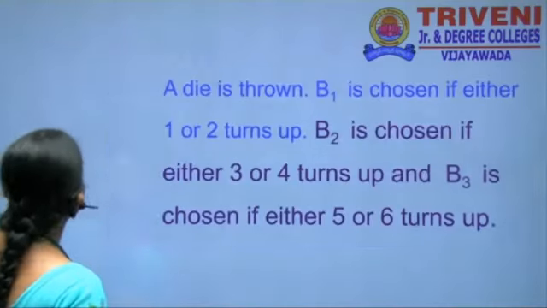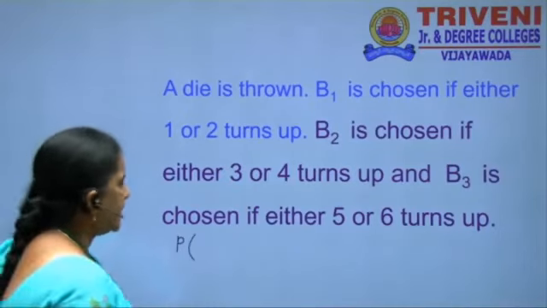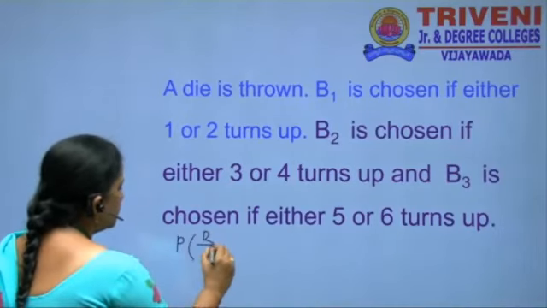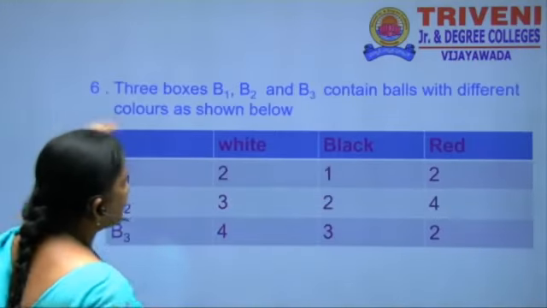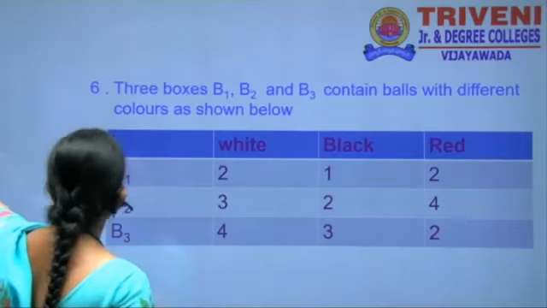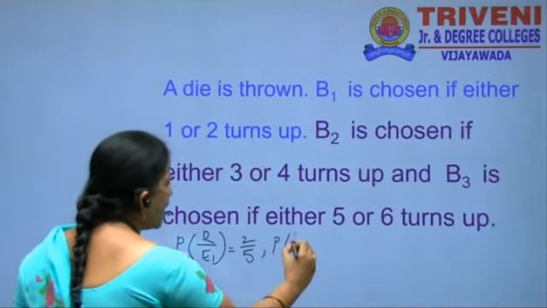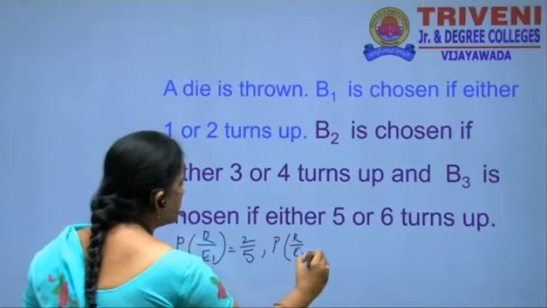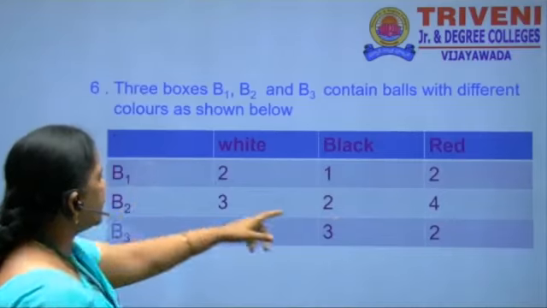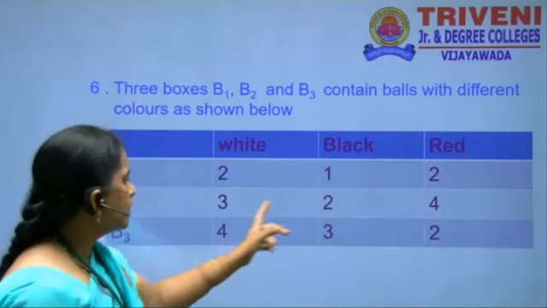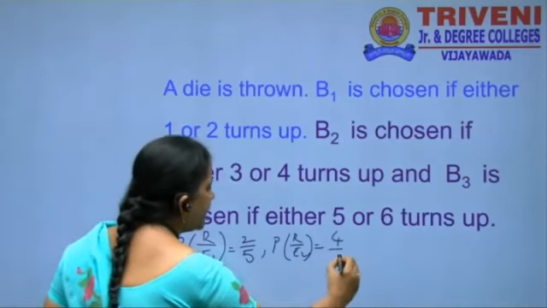Therefore, P(R|E1), the red ball in the first bag, we have to take as 2 by 5. And for the second bag, P(R|E2) is equal to 4 red balls by total 9, that is 4 by 9.